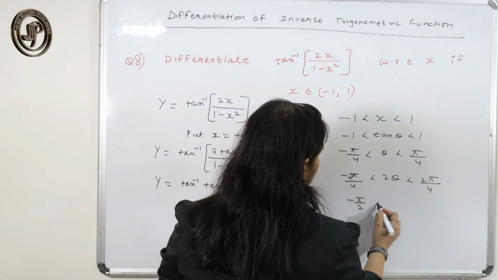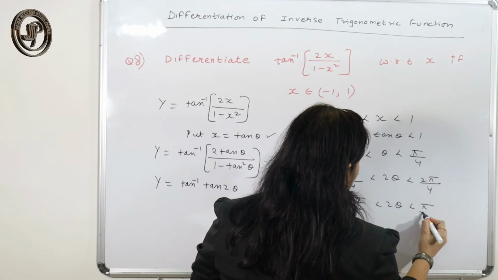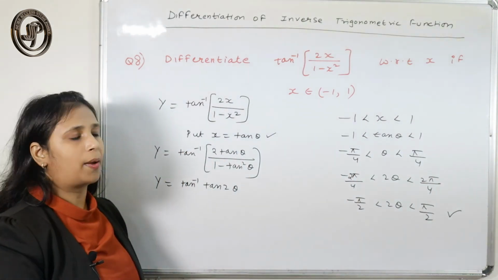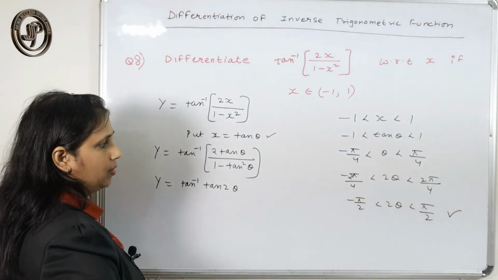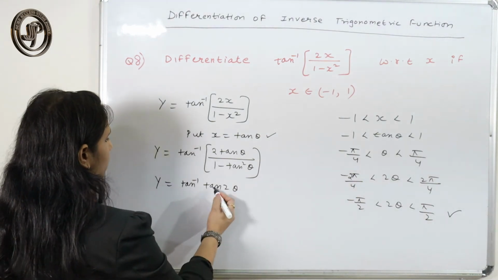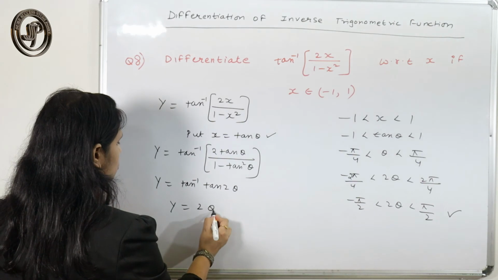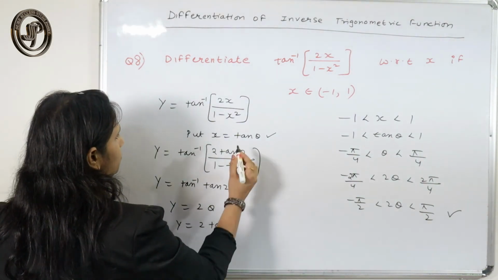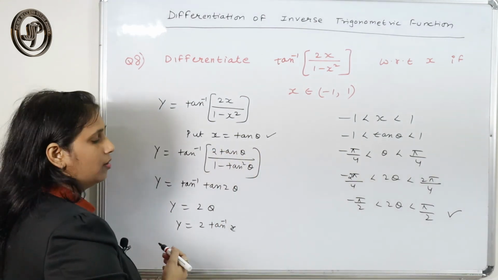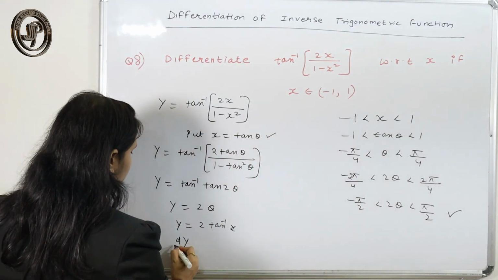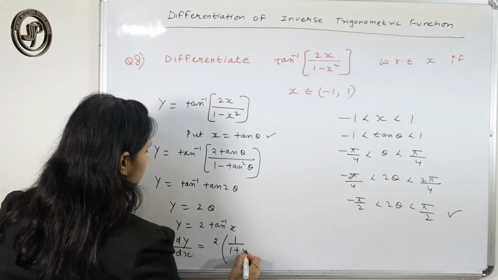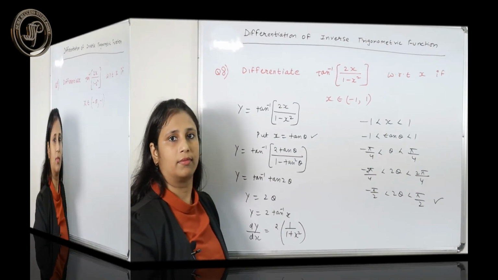So I got this, right? Now the range is between minus pi by 2 to pi by 2 only, that comes under the range. So I can write this as 2 theta. And theta is tan inverse x, because if I take theta from here, I get this. So dy by dx will be 2 times 1 upon 1 plus x square.